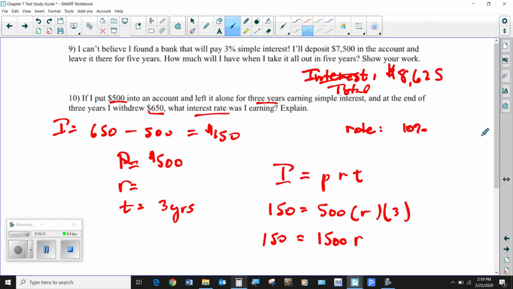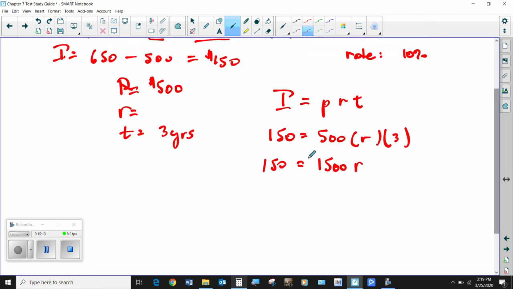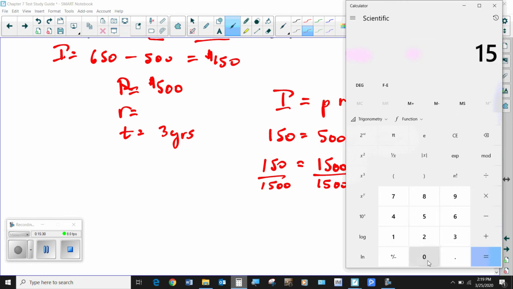So first thing, I'm looking at this, it's like, okay, if I multiply something times 1,500 and I get something that's much smaller, this must be a decimal number that's less than 1 or a fraction. So let's go ahead and see what that decimal number is. 150 divided by 1,500 is 0.1.